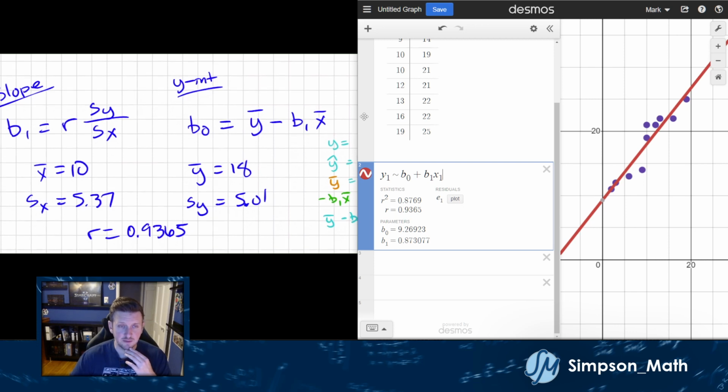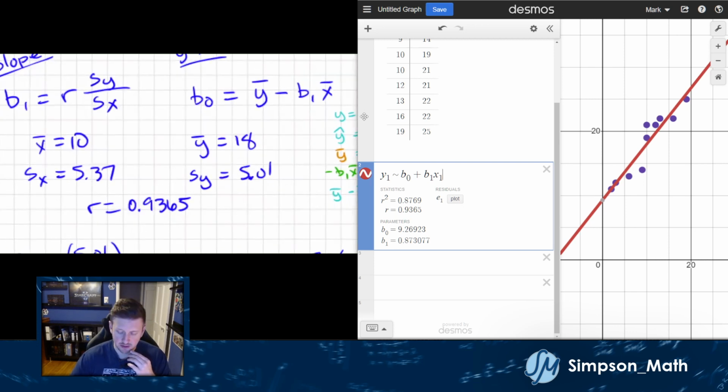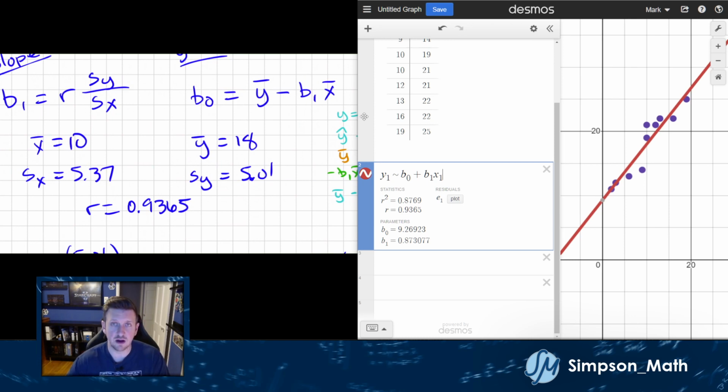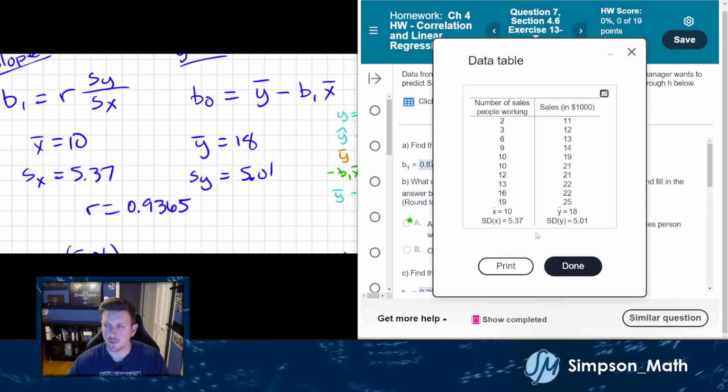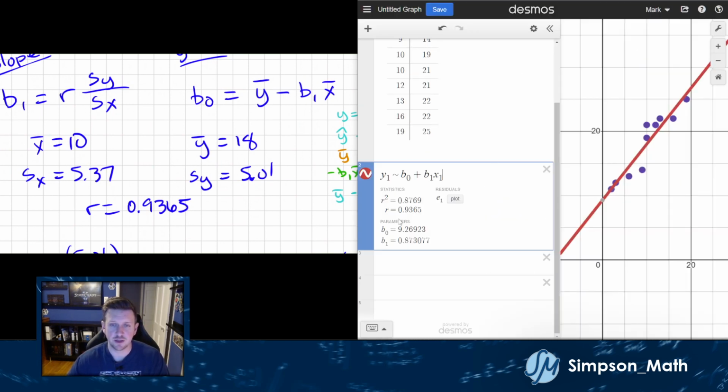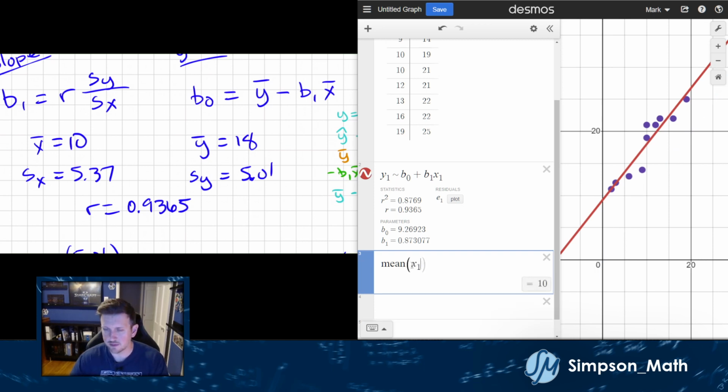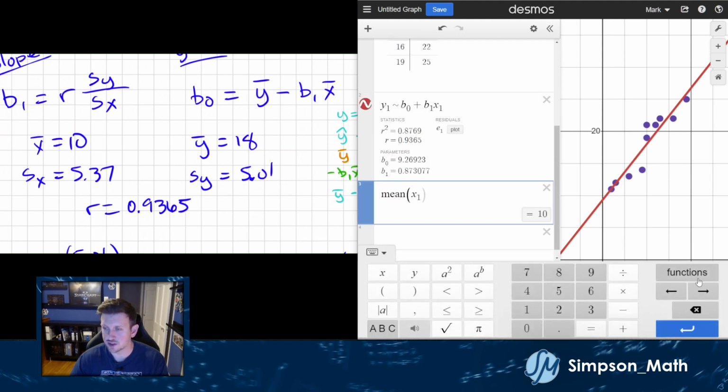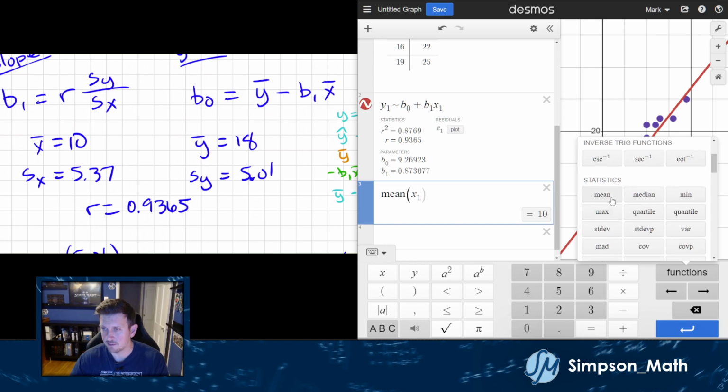So if we take our values here, which were given to us on MyLab, and then we just found r, or we could calculate it. So I could do the mean of x1. From your previous studies of single variable quantitative data, I just type in the function mean, open parentheses.